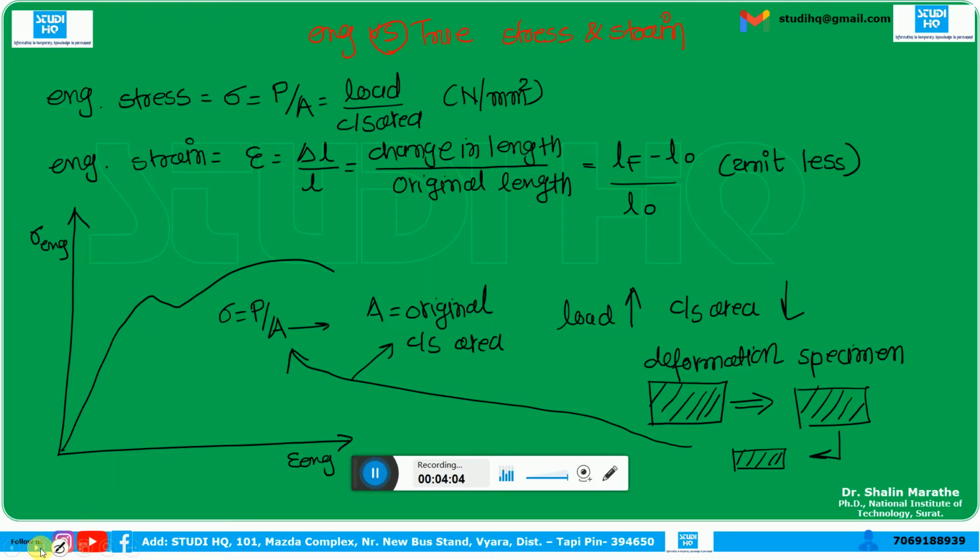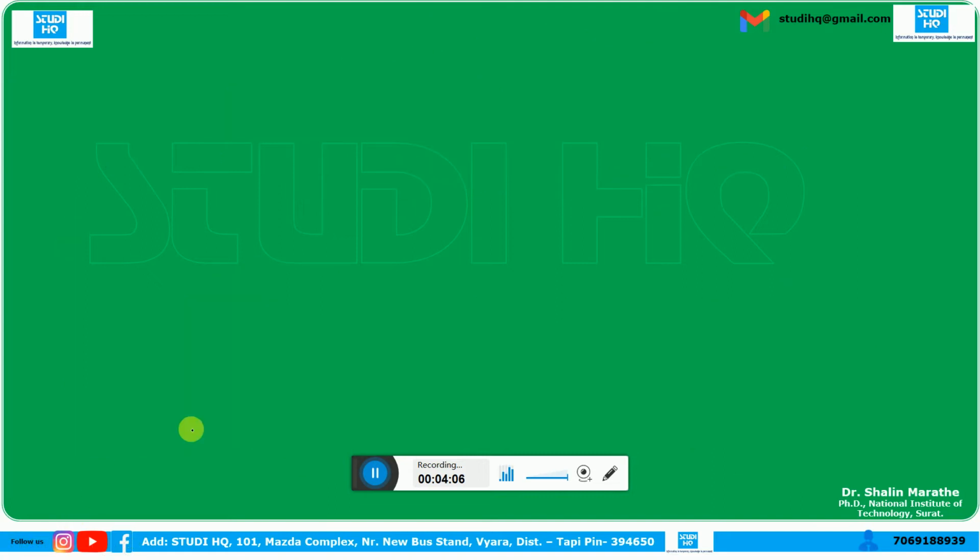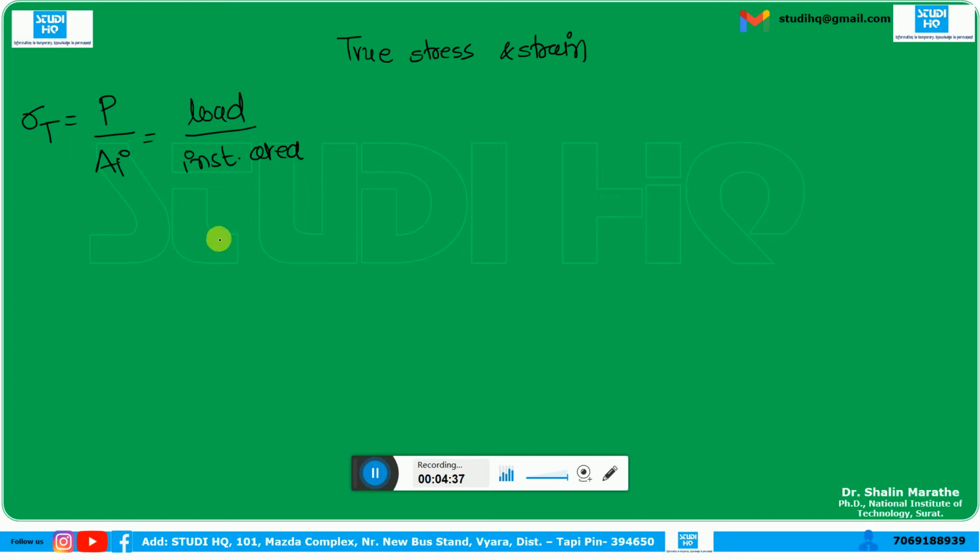But if we see the true stress, that is somewhat different. The true stress is load upon the instantaneous area, load upon the area, but that is not the original area.